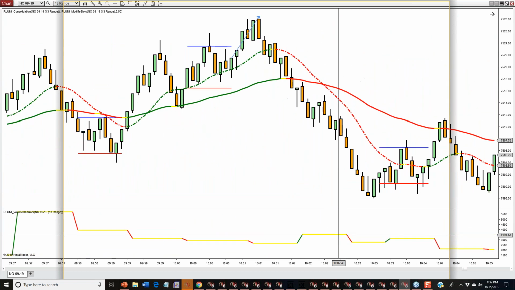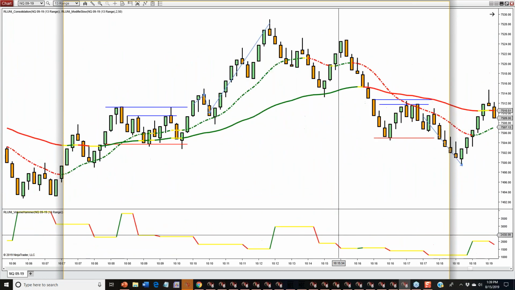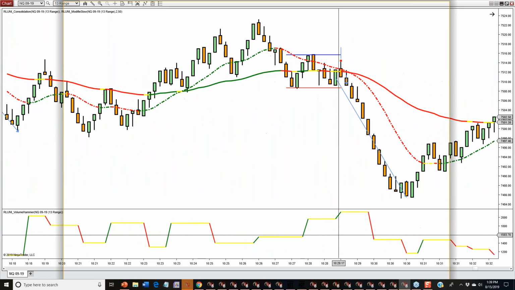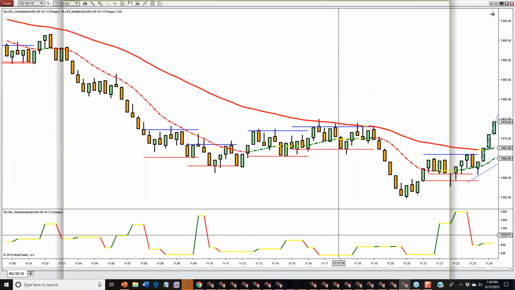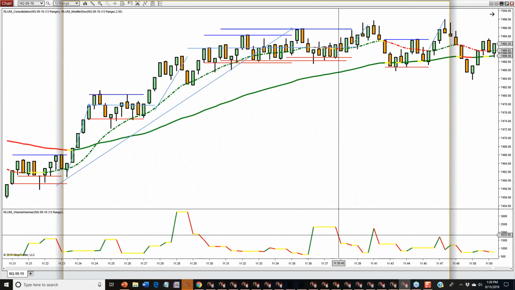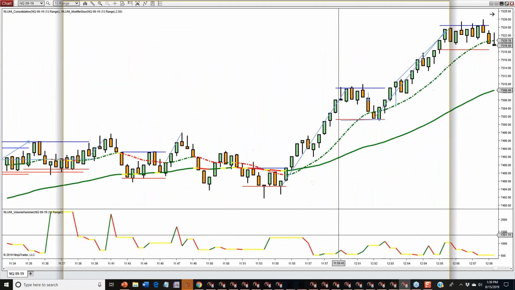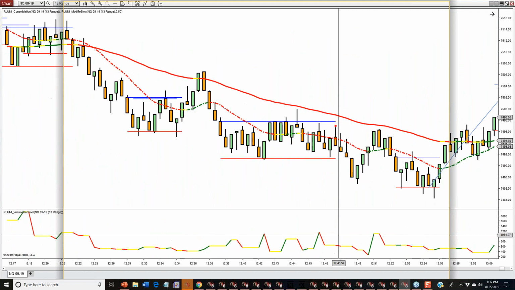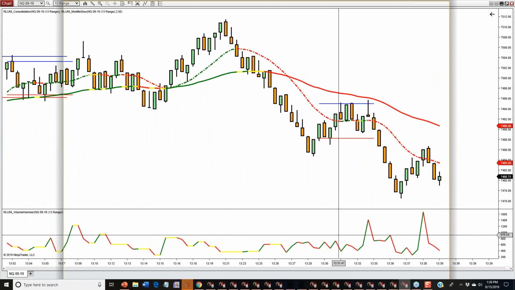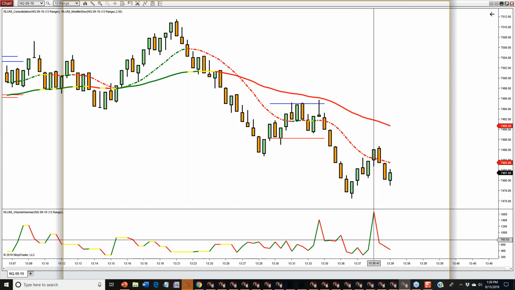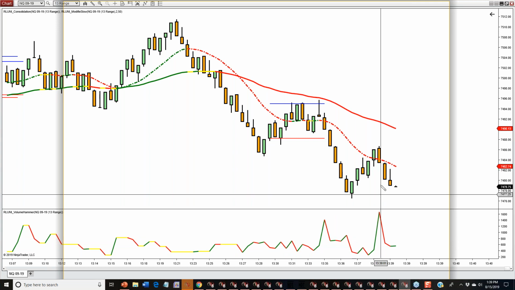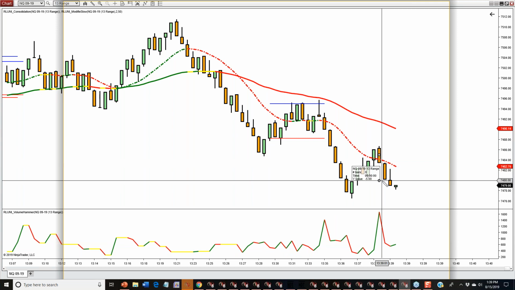And if we go to the right edge of the chart right now, you can see we got a big spike. And that's the spike that you want to see.